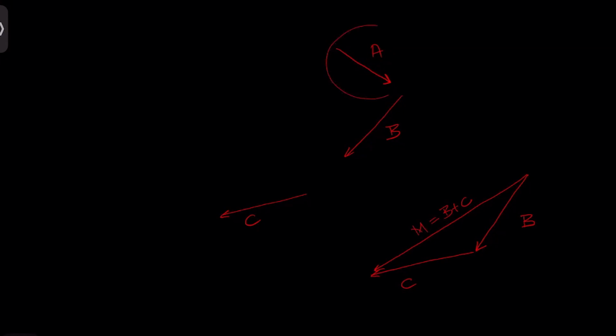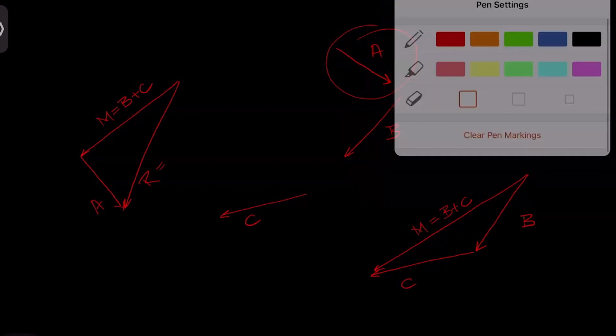Now if I need to add A into it, what will I say? Let us make it here. So let's say this is your M, which is equal to B plus C, and I add vector A into it. So if this is that vector A, then this will be your resultant vector, or not R here, let me use another symbol for it.